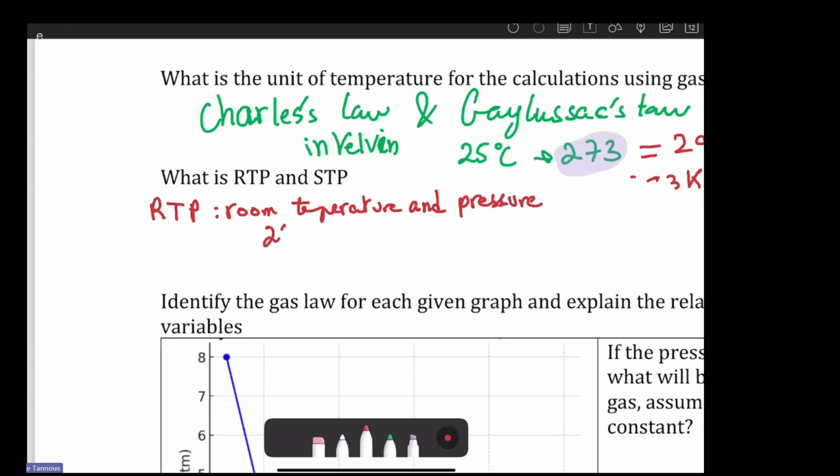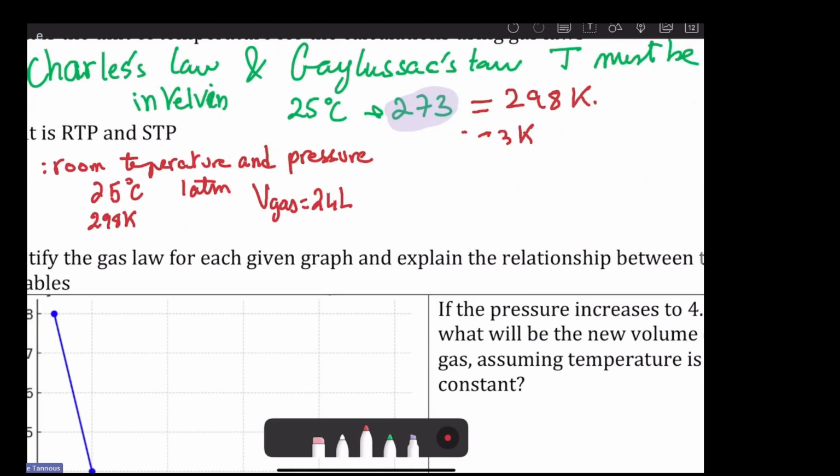The room temperature is usually 25 degrees Celsius. You need to know this value, 25 degrees Celsius, and the pressure is 1 atmosphere. Or it could be 298 Kelvin if it's given in Kelvin. At RTP conditions, the volume of gas is equal to 24 liter for every 1 mole. Every 1 mole of a gas will have a volume of 24 liter.